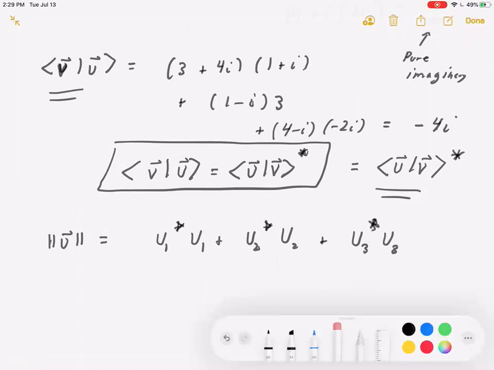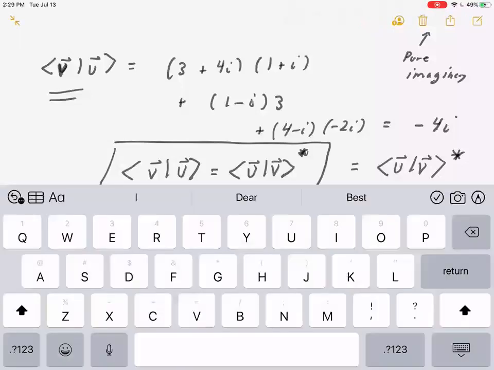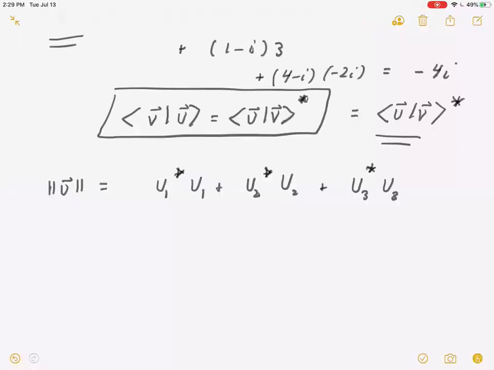That is a complex conjugate. And I want to take the square root of that. And this turns out to be the square root of 28. And you should also show that the norm of V is in fact the square root of 31. Okay.